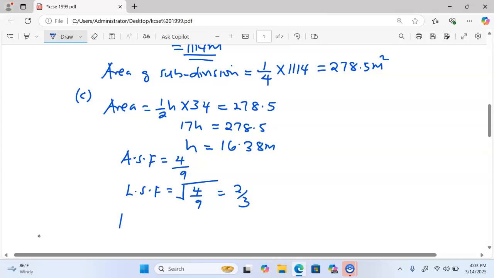From here we can get the distance we are looking for. That is going to be equal to 2/3 of the total length of 16.38, and this gives us approximately 10.92 meters.